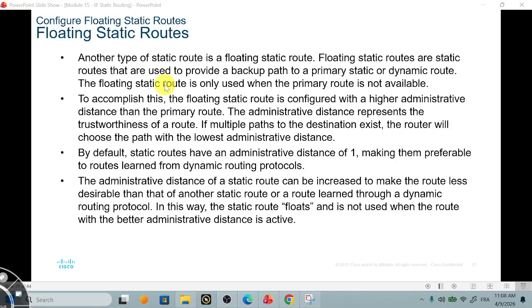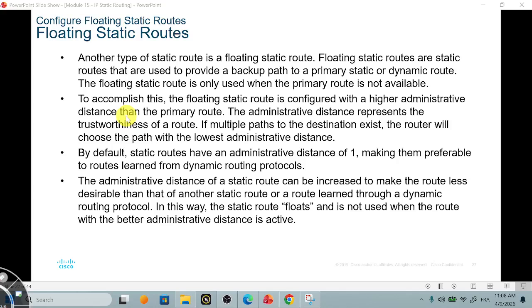To accomplish this, the floating static route is configured with a higher administrative distance than the primary route. Remember, if we use an administrative distance with a large number, it means that this route is not preferable.